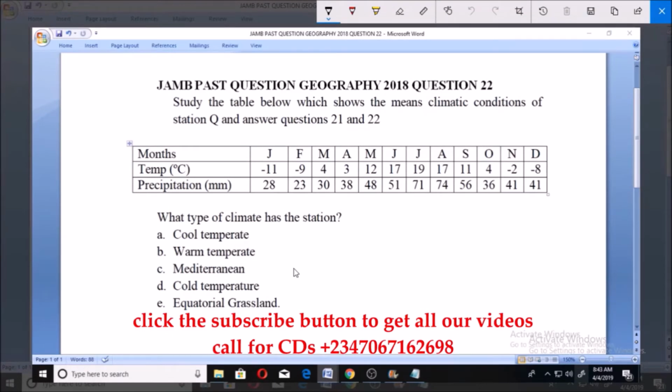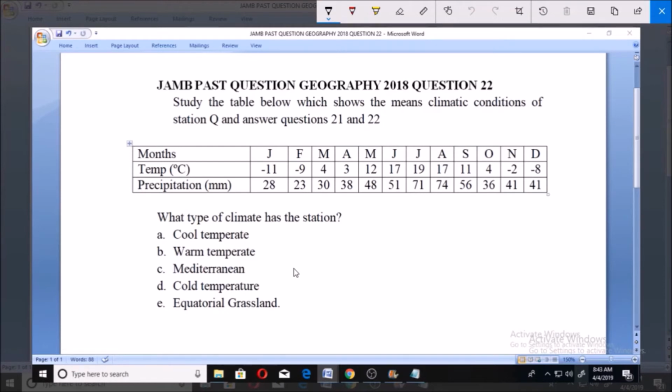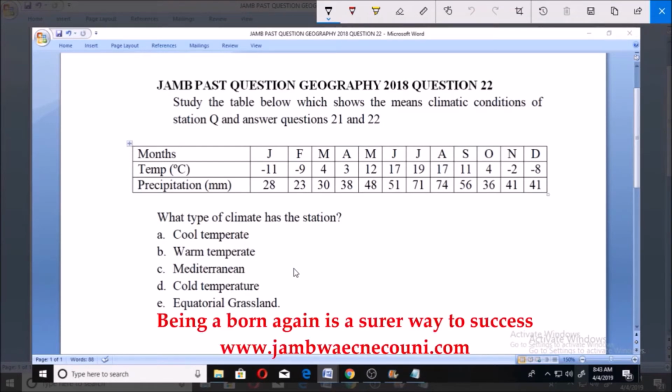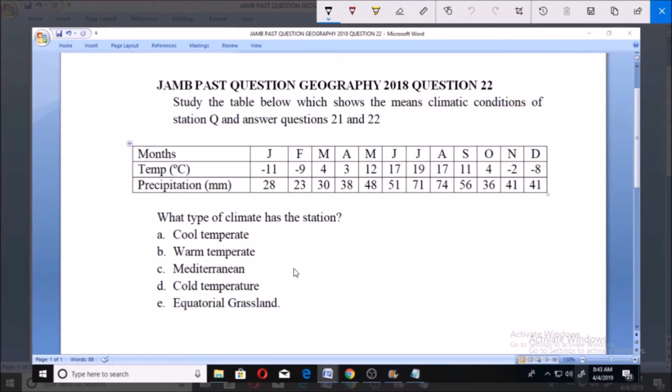Now if you look at classification of climate in the textbook, you're going to find out that the cold temperate climate is characterized with low temperature, that's temperature in the coldest month of below minus 3 degrees Celsius.